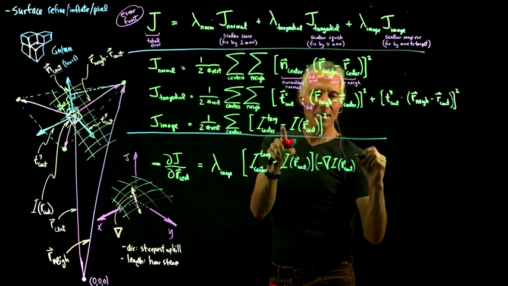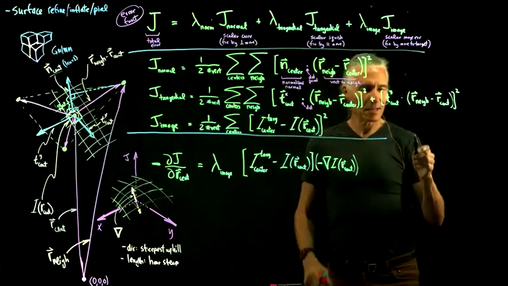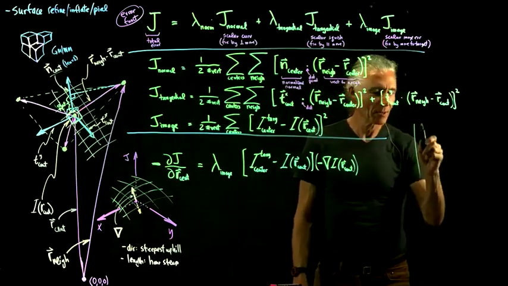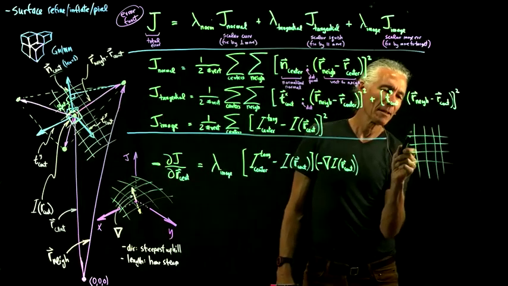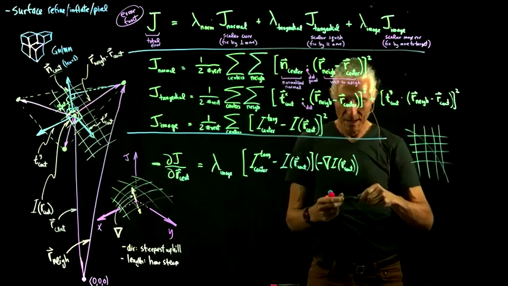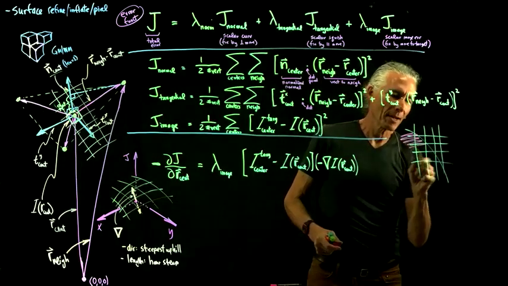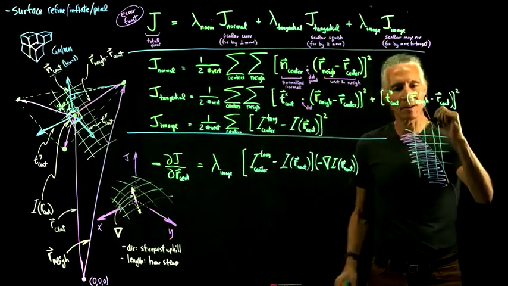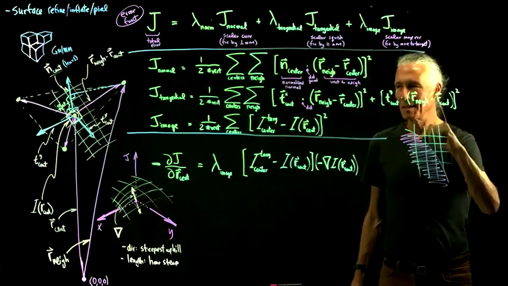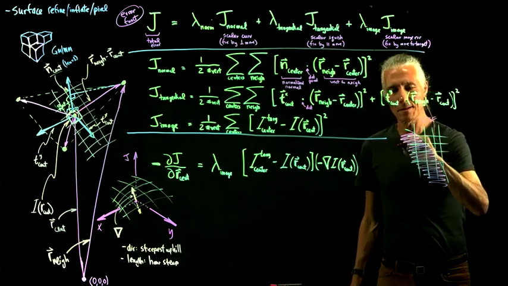So what does that mean? Let's make a little drawing here. So here's our voxels, and say the gray matter is pretty bright. So here's the gray matter, and say this is the CSF out here. It's dark. So this is gray matter.